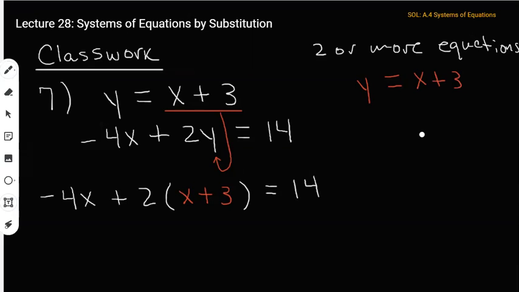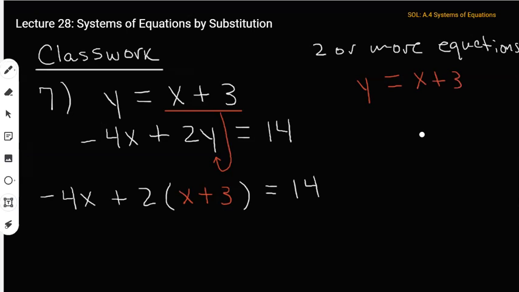And it's all going to be equal to 14. So the only thing that I did was I took this x plus 3 right here, and I put it where y should be, right here. So now what you'll notice is the y has completely vanished, and it's been replaced by an x plus 3.